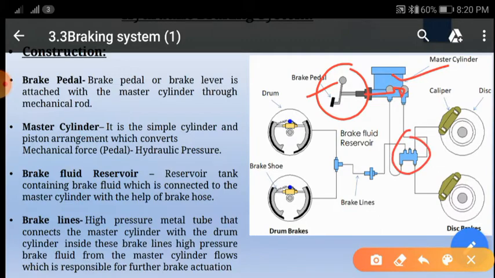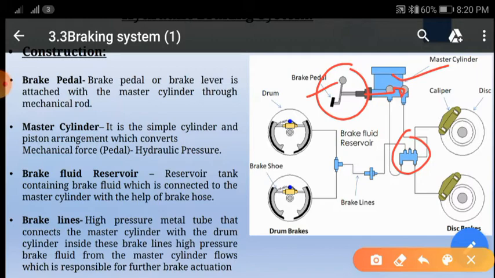The main function of the master cylinder is to make pressurized oil and send it to all the brake drums or all the connected assembly. Also, it converts the mechanical force into hydraulic pressure. That is why it is the heart of the hydraulic braking system.